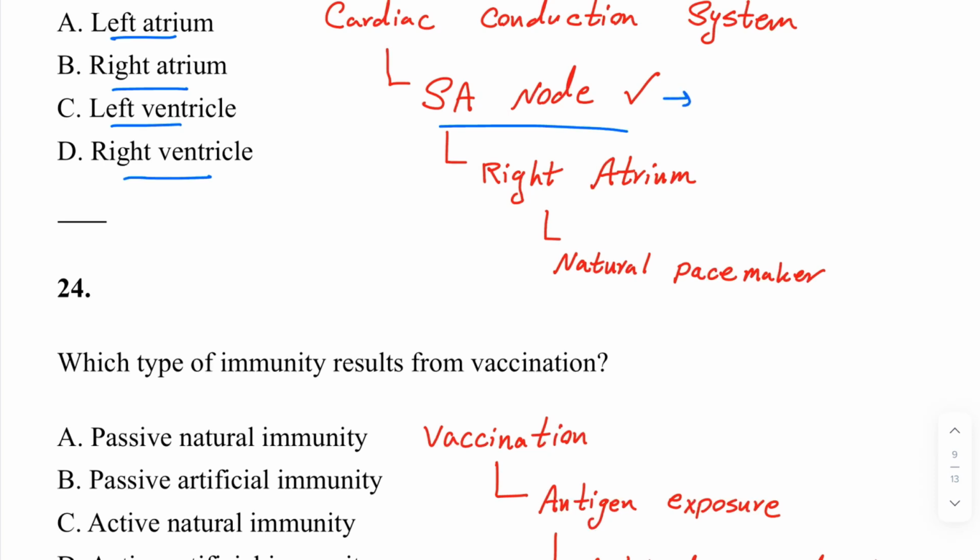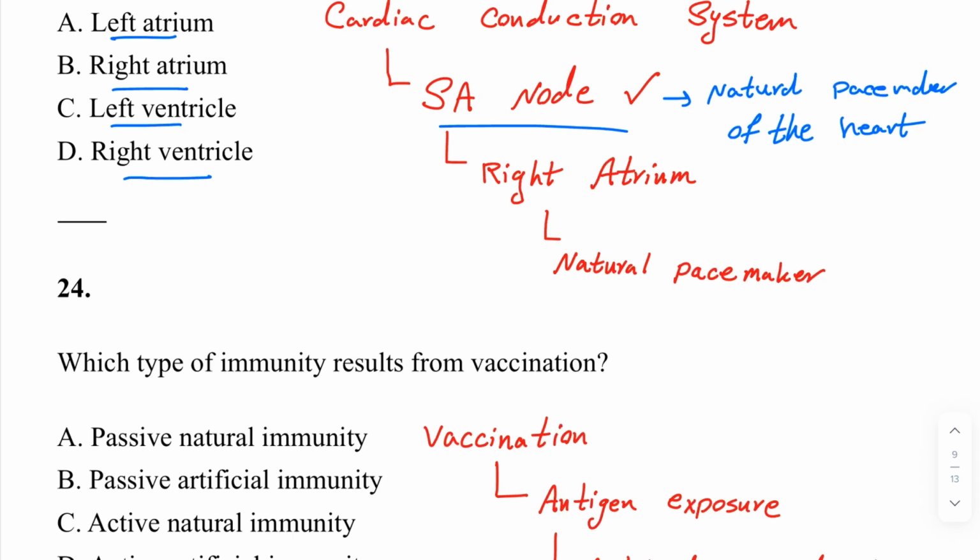Natural pacemaker of the heart. It generates electrical impulses automatically. These impulses spread through the atria and initiate each heartbeat.